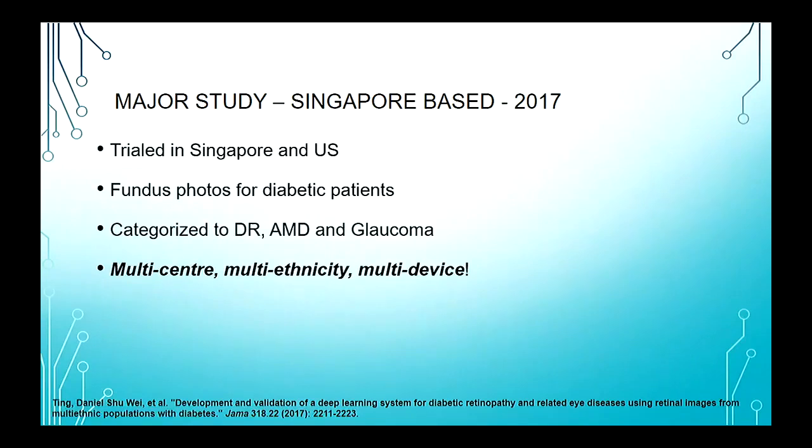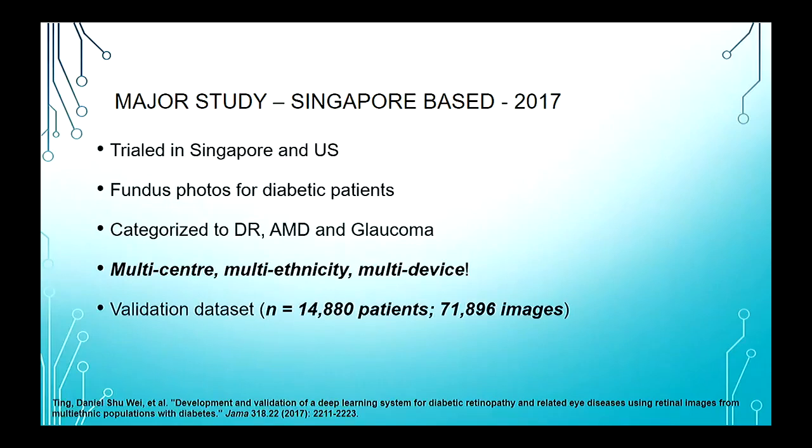So the study is multi-center, multi-ethnicity, multi-device, which is a sign of a good study. 14,000 patients, 71,000 images, and at least 2 ophthalmologists grade each image.